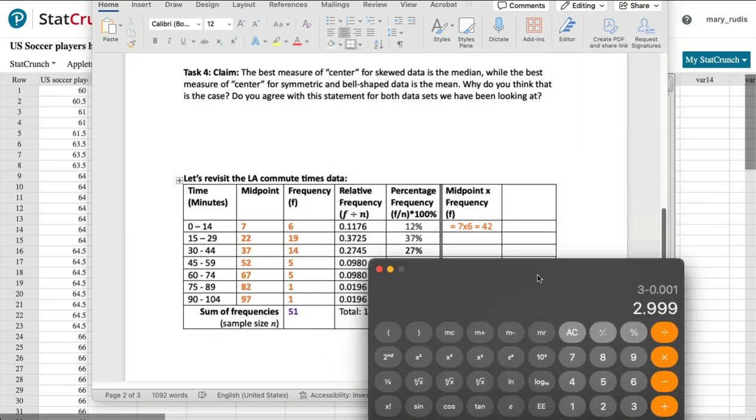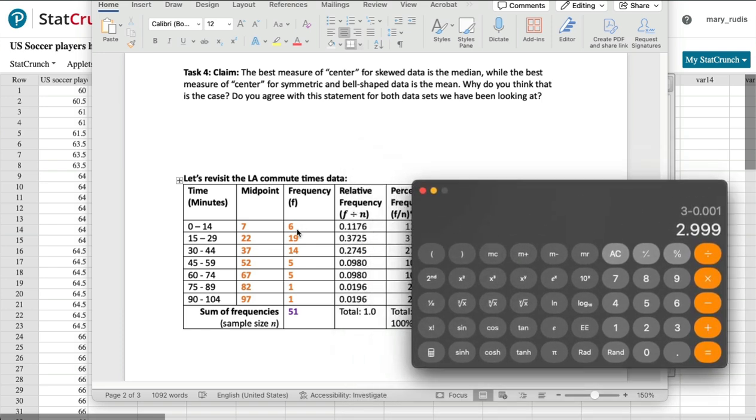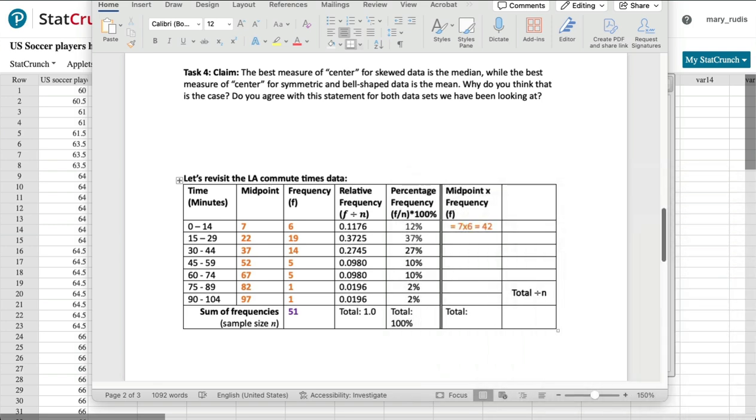Let's look at, I want you to be able to see this. So we did the 7 times 6 already. So let's do the 22 times 19. So 22 times 19 equals 418. Let's move that off to the side now. So that's going to go here, 418.